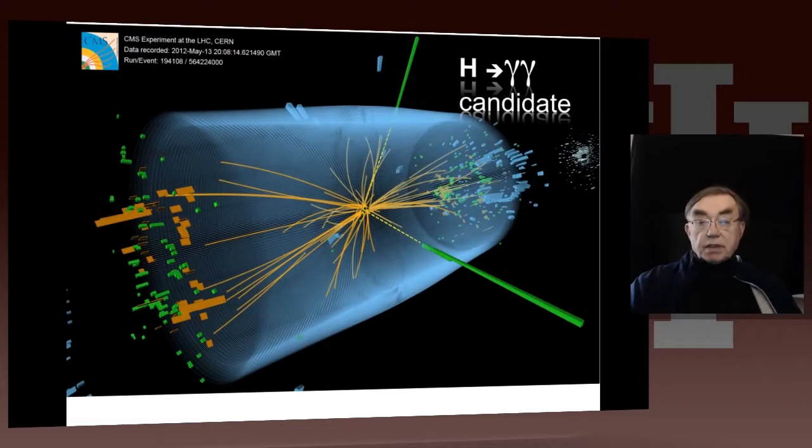Here's our famous type of event we've seen many times, bunches of charged particles bending. Here's a particle bending. And then in the photon calorimeters, those green things, we see the two photons going off. They're going off transverse to the two protons, so they're very interesting photons. The stuff that happens here is not so interesting, because these are the fast particles following the protons, so typically not interesting.